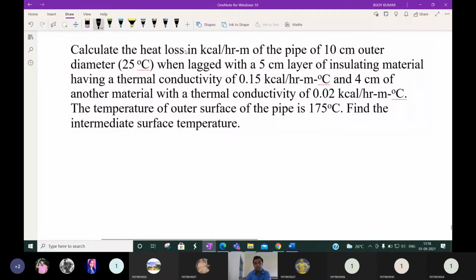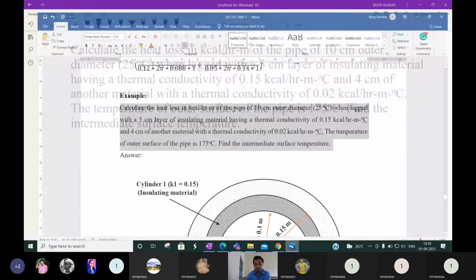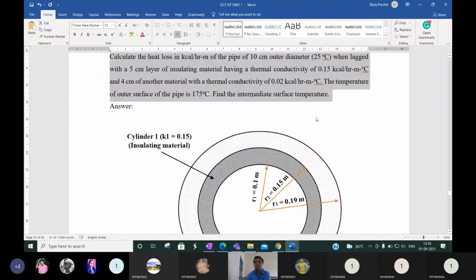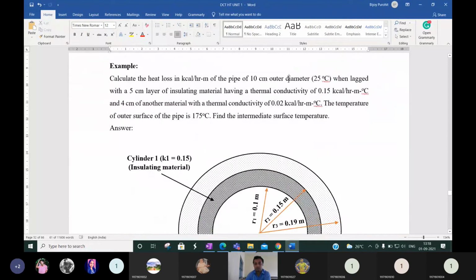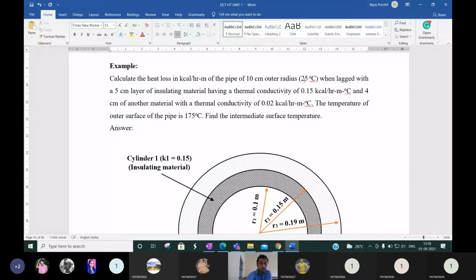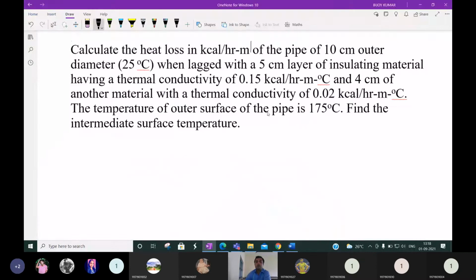Calculate the heat loss in kilocalorie per hour per meter. This is the unit of heat loss of a pipe of 10 centimeter outer radius.